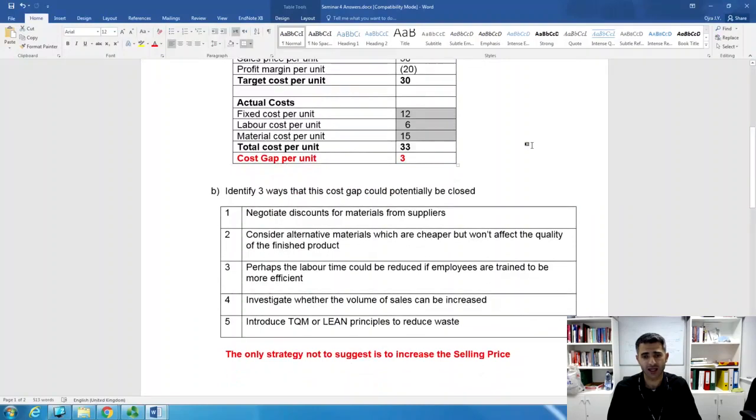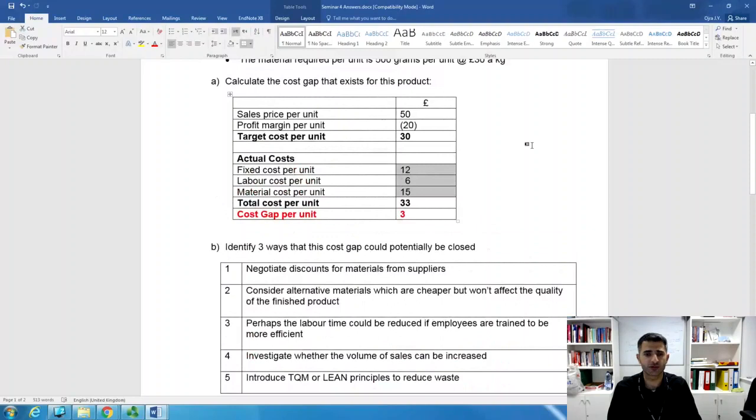Some of the suggestions include, for instance, can we find cheaper labor? Do we really need high skilled labor to do the job, or can we find low skilled labor? In terms of material, can we buy cheaper material without compromising on quality? Can we find a cheaper supplier? Again, that's something the business can answer. How about increasing the volume of sales, the volume of activities?